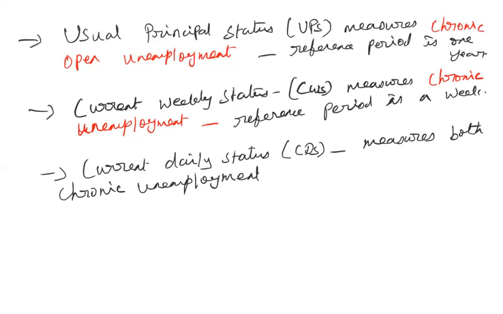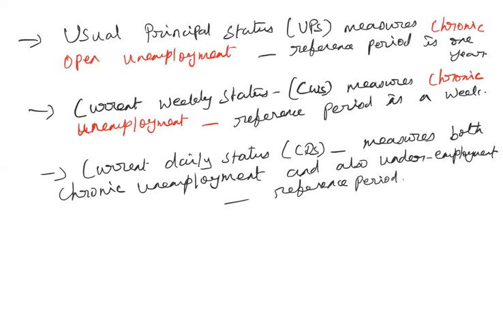So both data can be available. Here the reference period is a day in 7 days. Out of the total 7 days, 1 day. So these are the concepts, the way the unemployment is being measured.